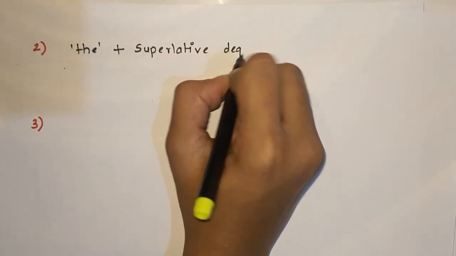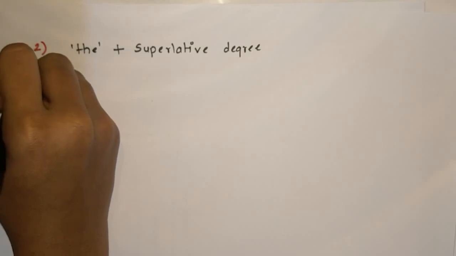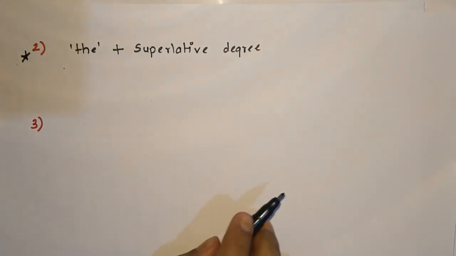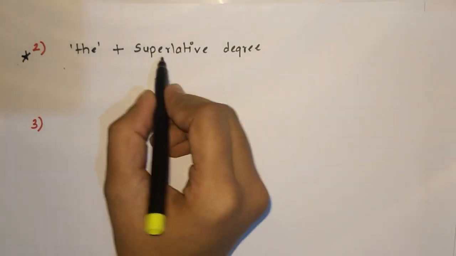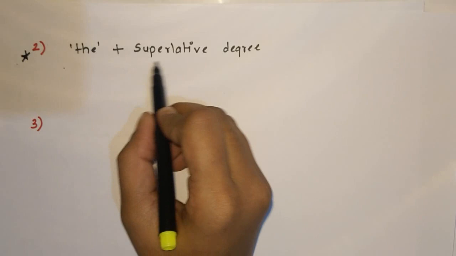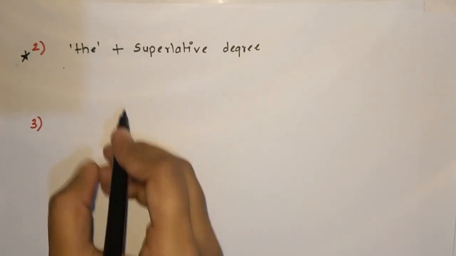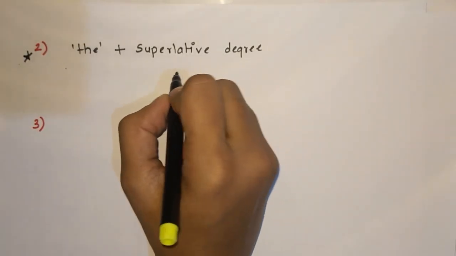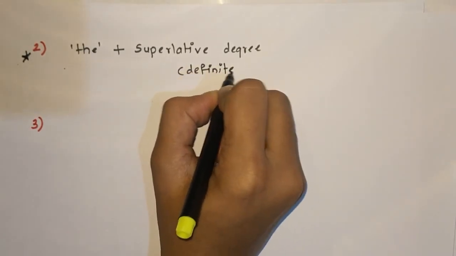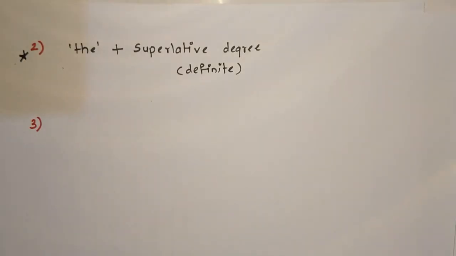Always remember, this is the most important rule and mostly asked in spot the error type questions. Why do we use the before superlative degrees? Because the superlative degrees indicate that it has become definite.